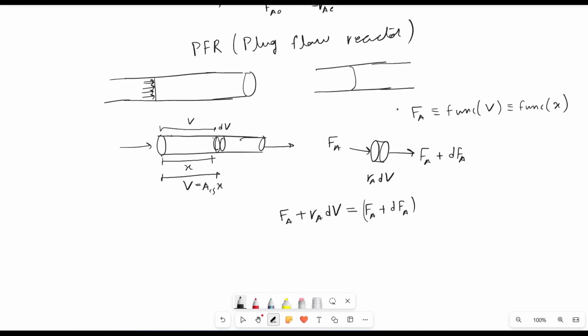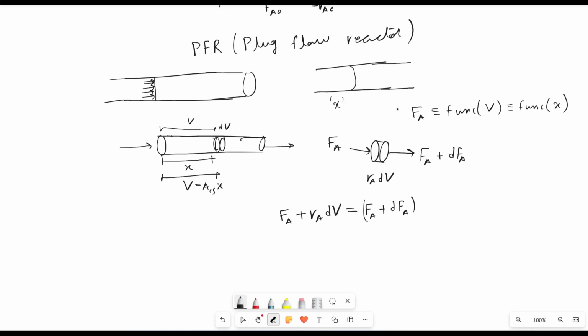As I have said, except for the batch reactor, the other two reactors, mixed flow and plug flow, are assumed to operate in steady state, so there is no local accumulation. Local means at a fixed location, say location X.